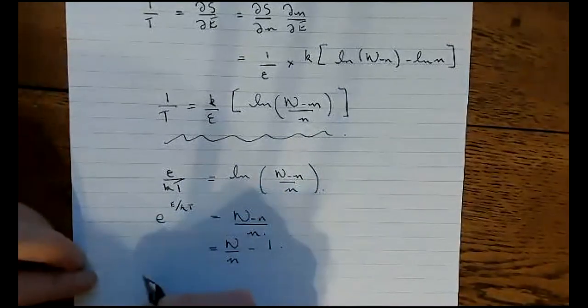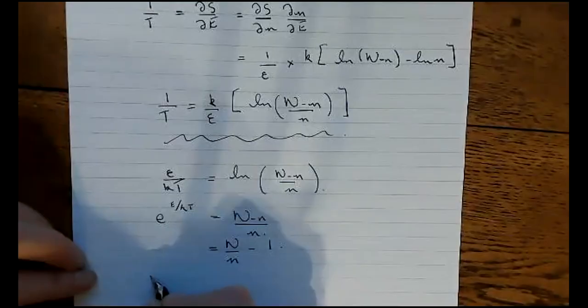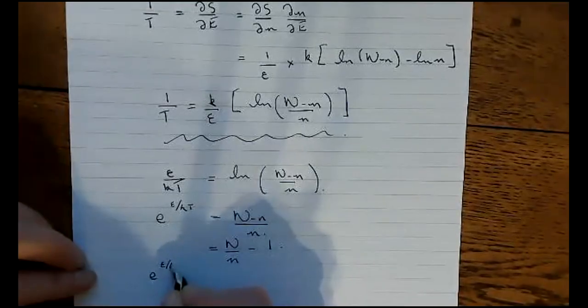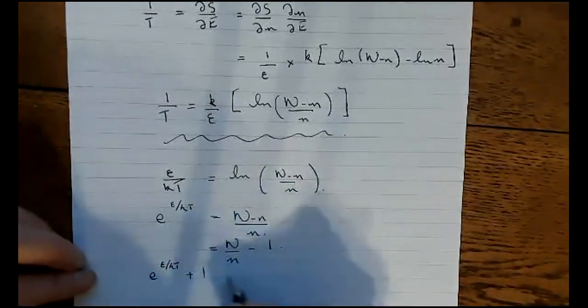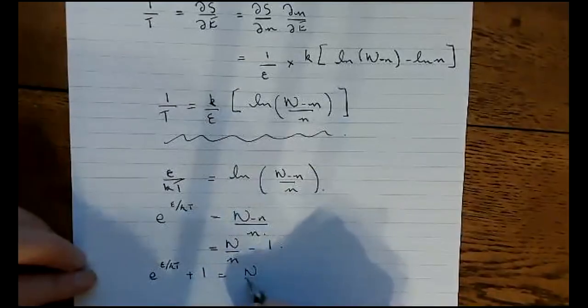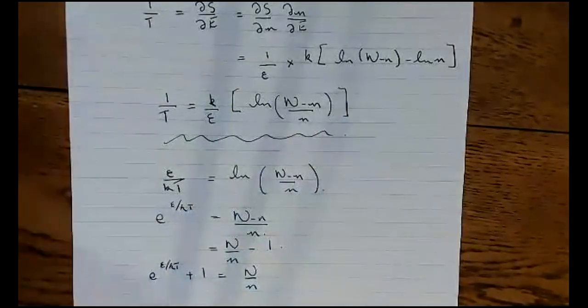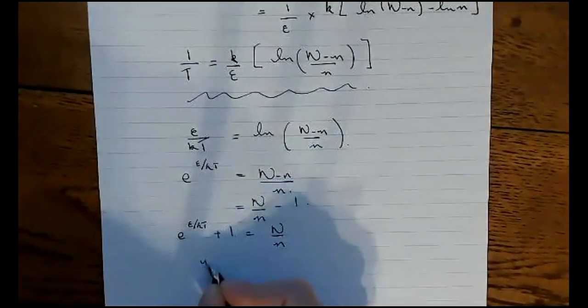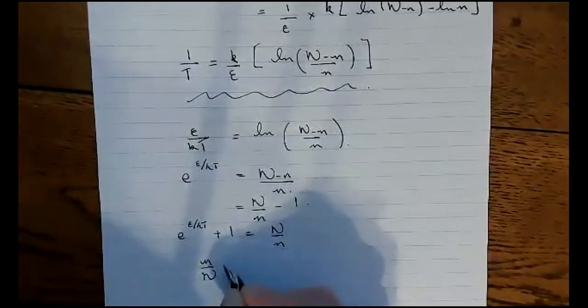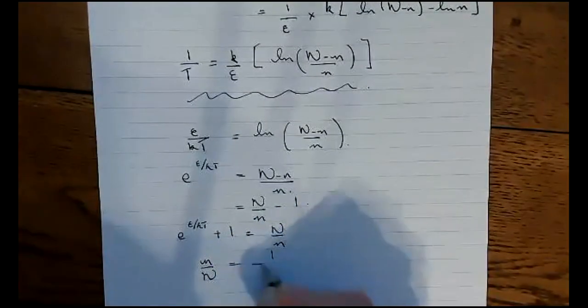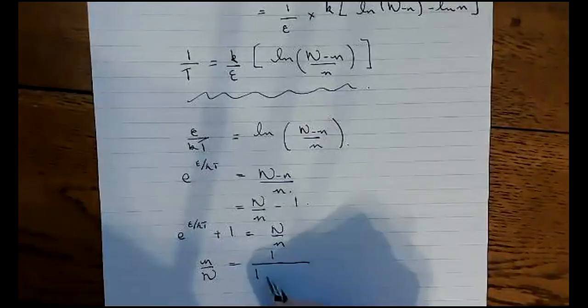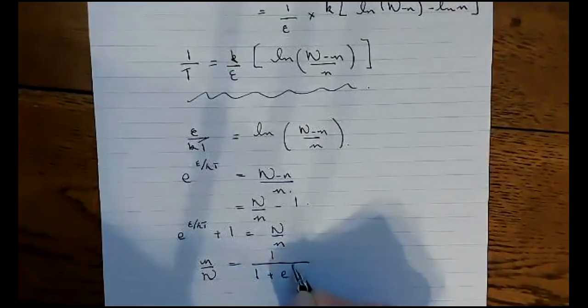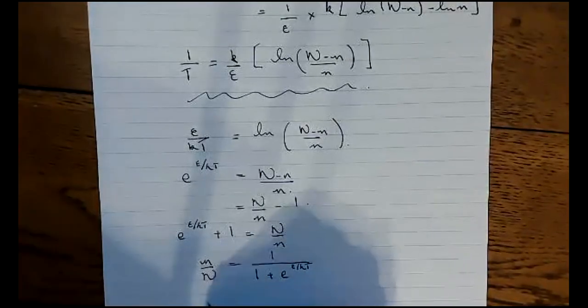So we have, again, e to the epsilon over kT plus 1 is equal to our upside down number density. So if we flip it upside down, take 1 over it, we end up with little n over big N, our number density, equals 1 over 1 plus e to the epsilon over kT.